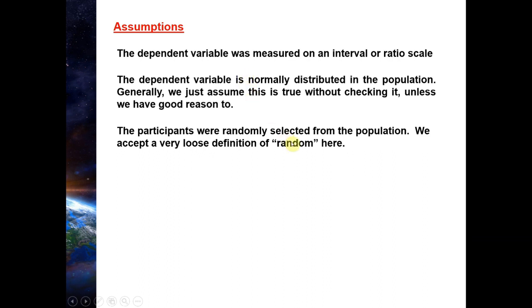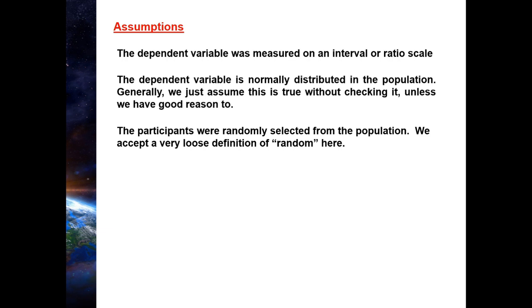These three assumptions are so important that we're going to refer to them as the core. The core assumptions apply to every single parametric test we're going to cover in this course. The core applies to the one sample t-test, the independent t-test, and the dependent t-test, and also to all of the ANOVAs we're going to study.